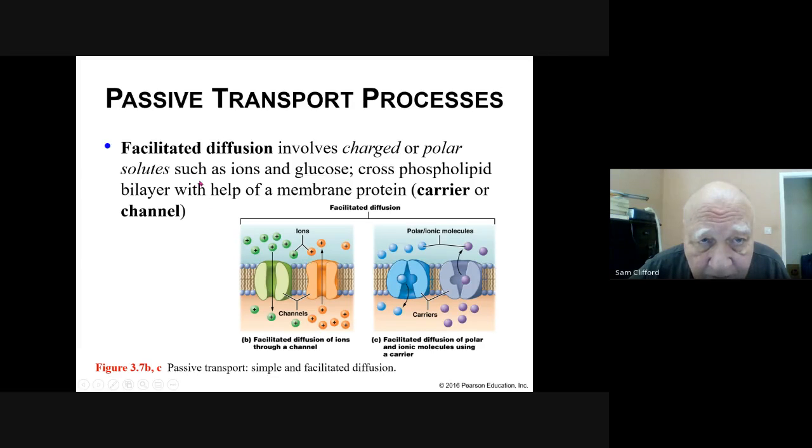So to repeat, facilitated diffusion involves ions and glucose. Facilitated diffusion means that you have a special pipeline or channel, and the flow is from high concentration to low concentration.